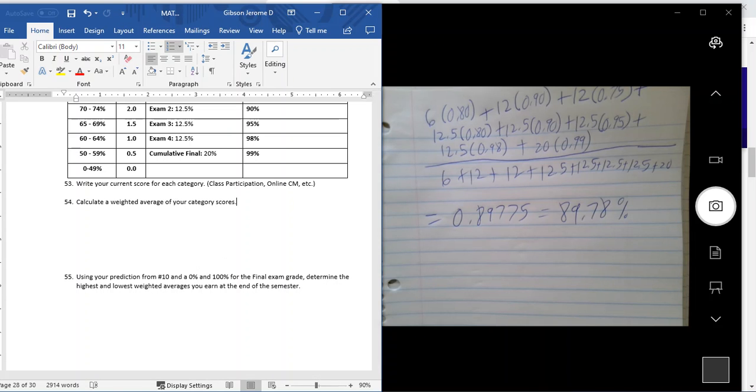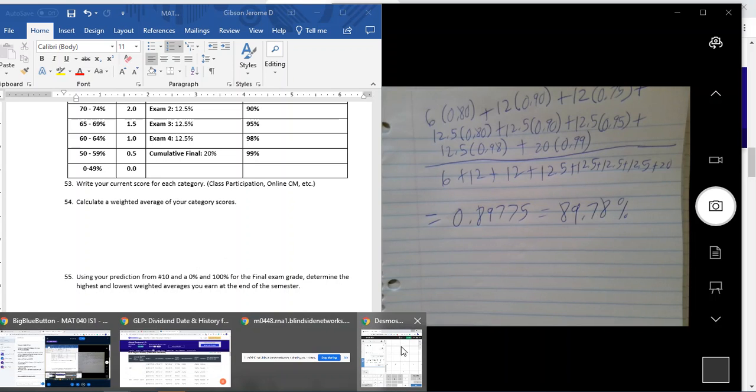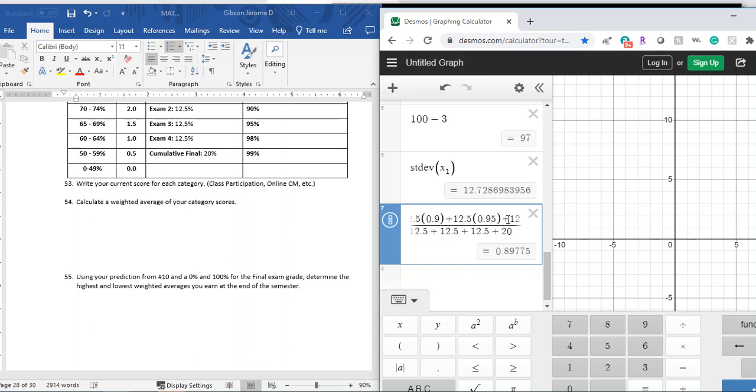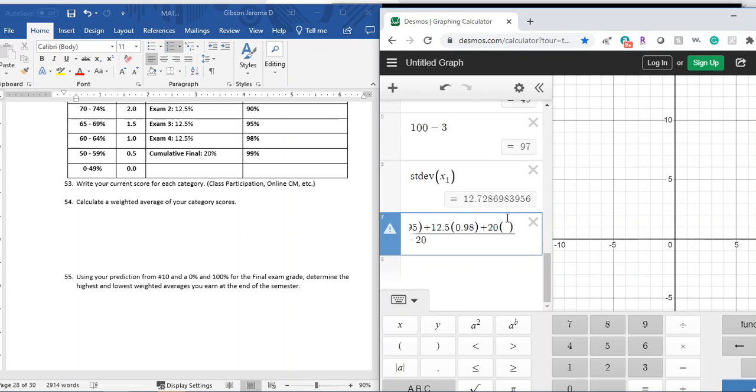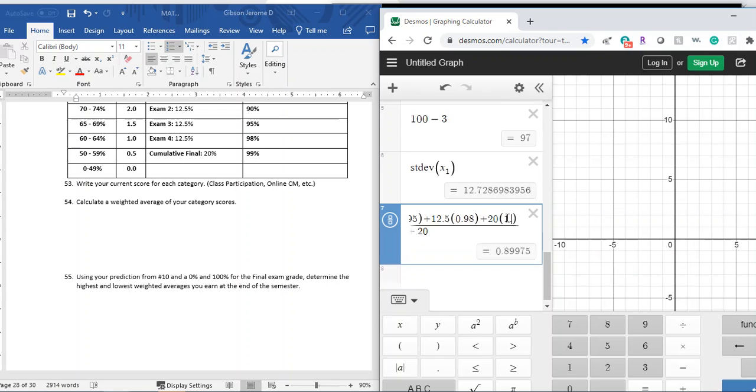So all we have to do is go to Desmos. Since we already had this in Desmos, all we have to do is go to the top here and change this 20 times 0.99 to 100%, which would be 1.00.